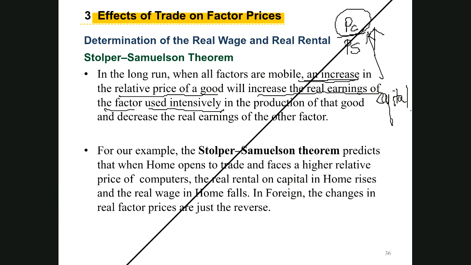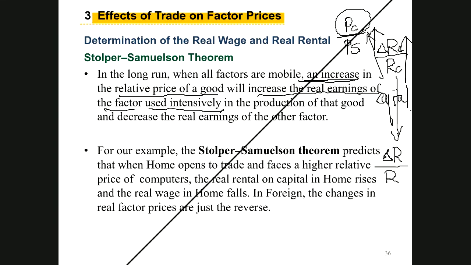in producing computers, right? So the rental on the capital will increase more. And in the Heckscher-Ohlin model, our rental on the capital is usually put like this, right?